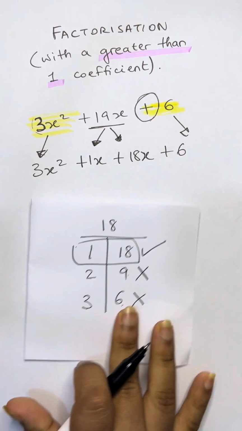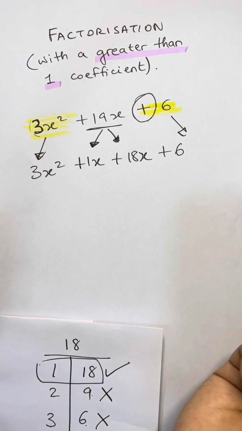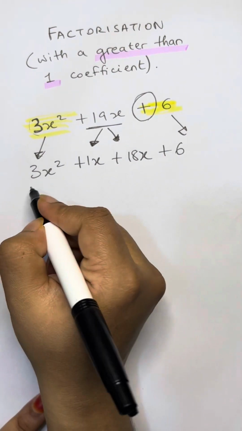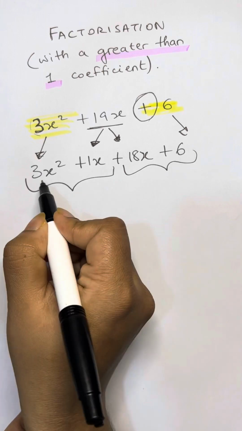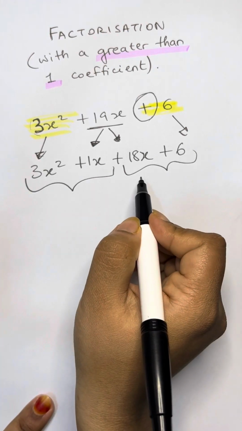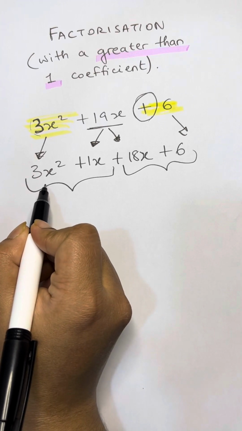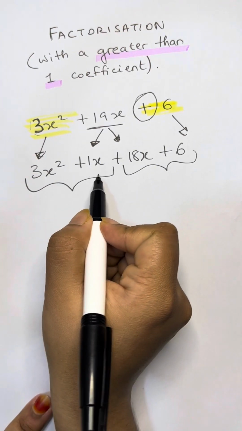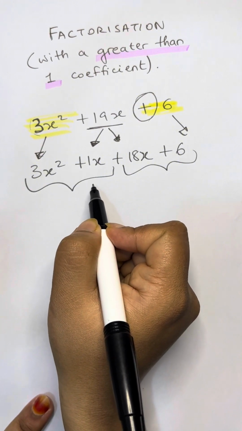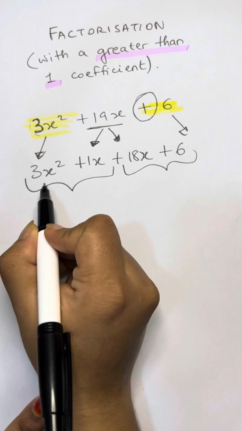Now it looks something similar to what we're used to normally. We are used to doing simple factorization like this, right? Do we have a common number, a common factor between 3x squared plus 1x? No. But do I have a common letter between them? Yes, it's x.